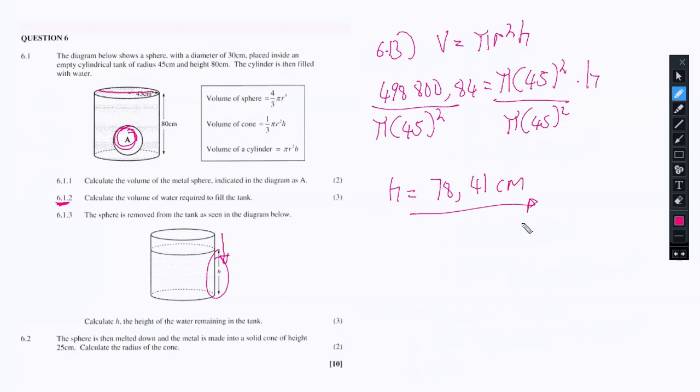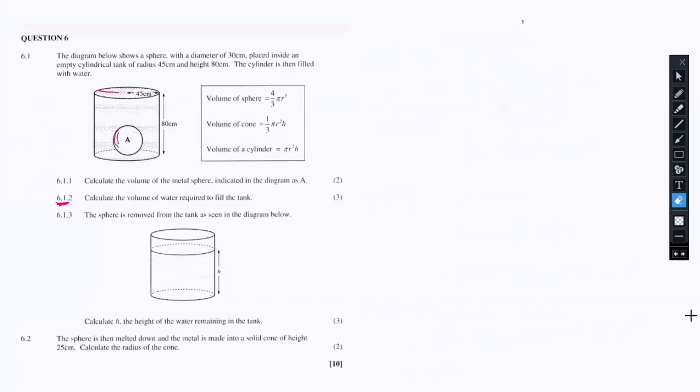Then we have 6.2. It says the sphere is then melted down into a solid cone of height 25 centimeter. Calculate the radius of the cone. So they say the sphere is melted down, meaning that if we take the sphere and melt it down, the volume of the sphere does not change, right?